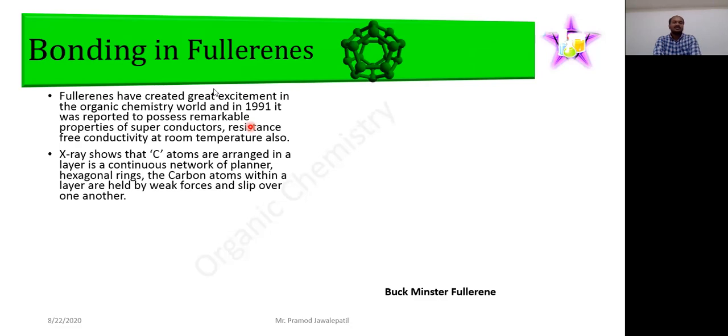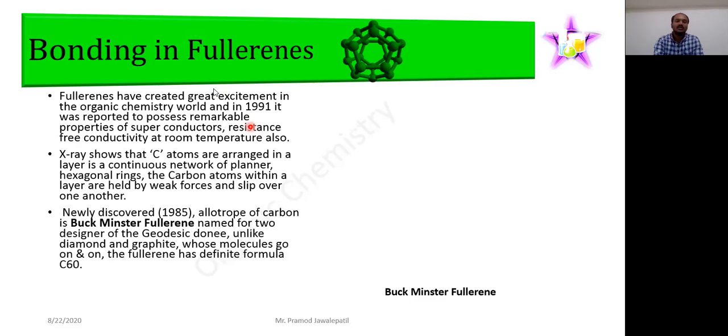Friends, X-ray crystallography shows the carbon atoms are arranged in layers, a continuous network of planar hexagonal rings. The carbon atoms within a layer are held by weak forces and slip over one another.